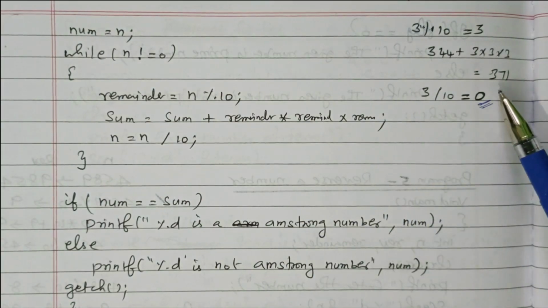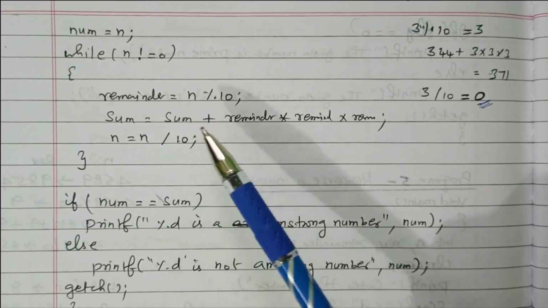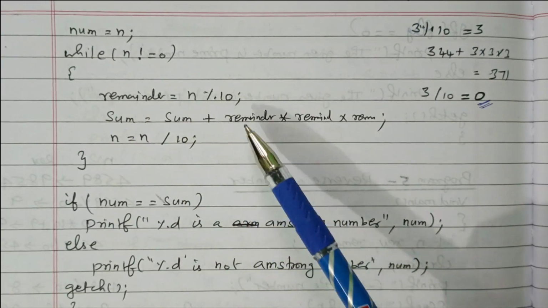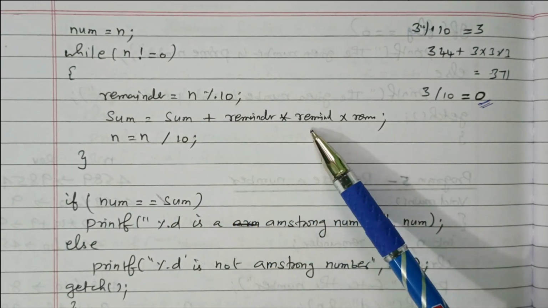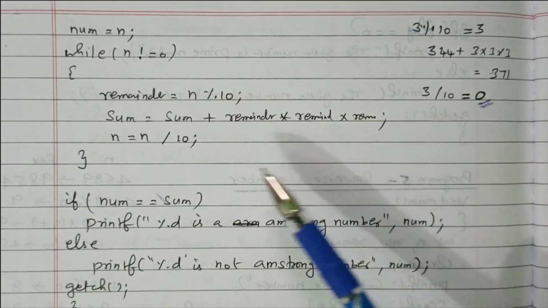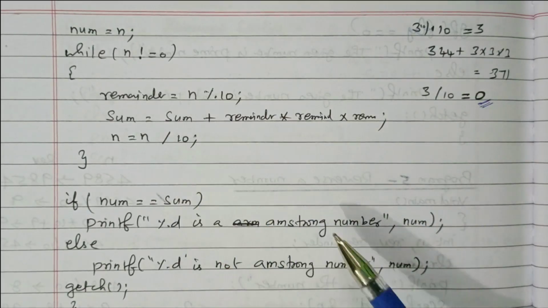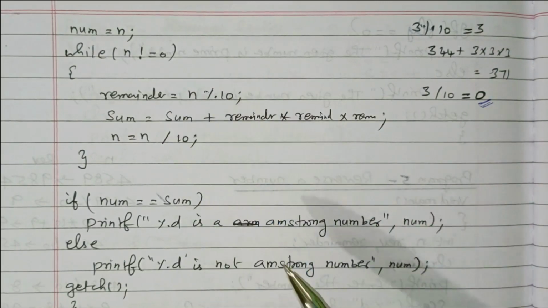So the value 371 is available in the variable sum, because sum equal to sum plus remainder cube, we keep on adding. Initially 0, first 1 cube is added, then 7 cube is added, then 3 cube is added. So we have 371 available in the sum. Right. Now we can stop this process when it reaches 0.